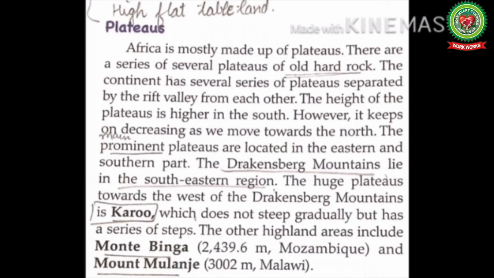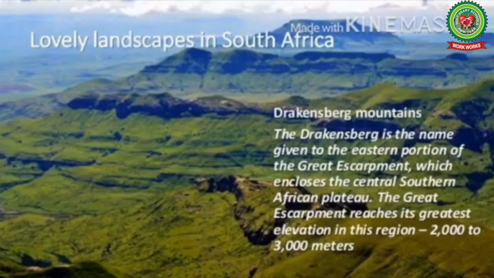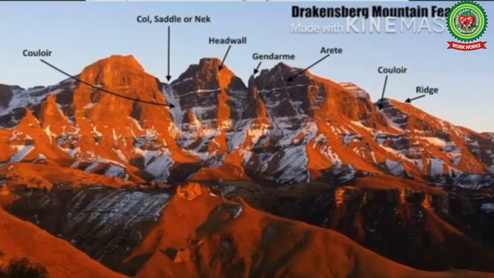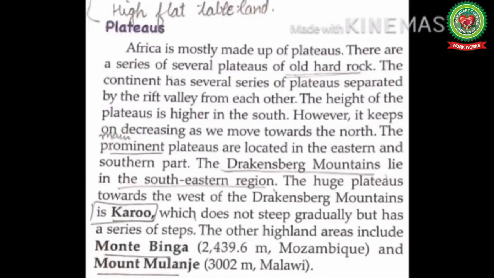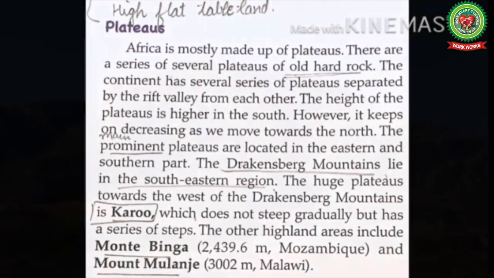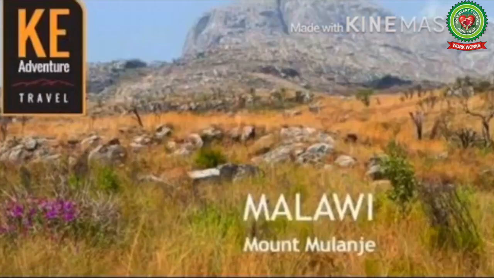The prominent plateaus are located in the eastern part and the southern part. The Drakensberg Mountain lies in the southeastern region. The huge plateau toward the west of the Drakensberg Mountain is the Karoo, which doesn't slope gradually but has a series of steps. The other highland areas include Mount Binga and Mount Malanje.